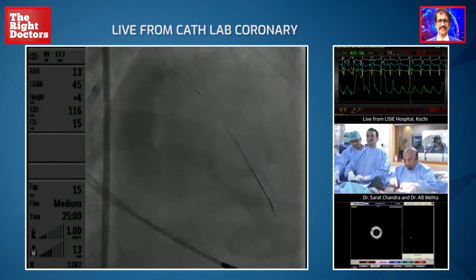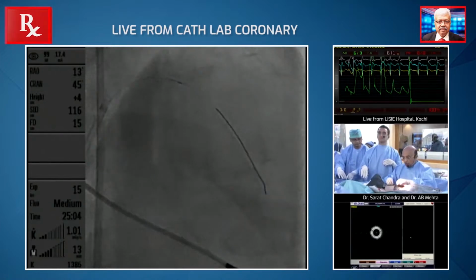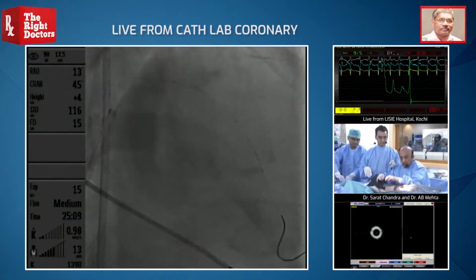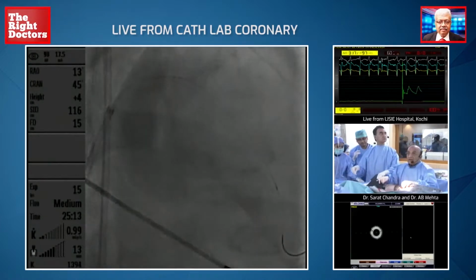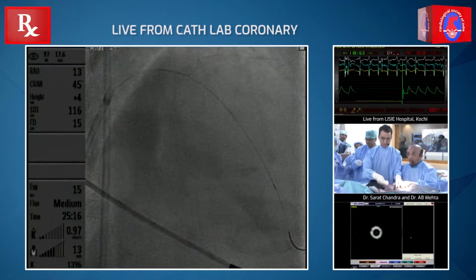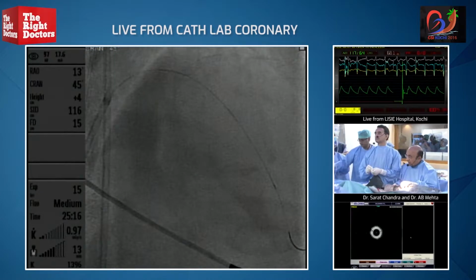Now I think important is that if you are doing a DK crush, it is not mandatory to cross the distal strut. In fact, it is not desirable to cross the distal strut. In fact, I don't know, Sharat and I feel that the result looks good, but I think we need to complete the procedure for the restenosis benefits.